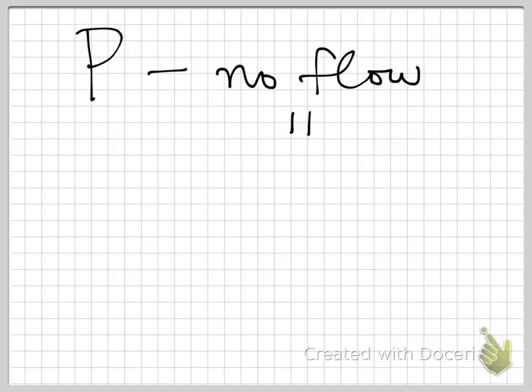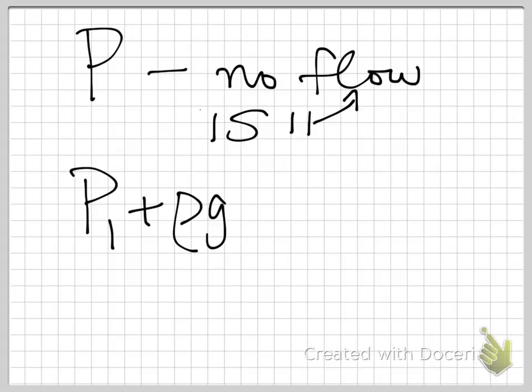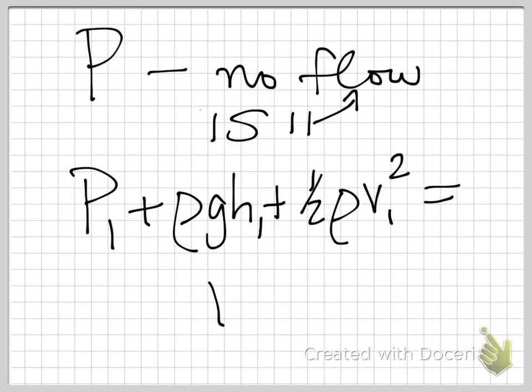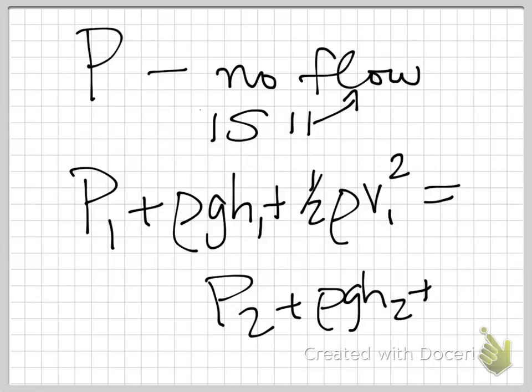If there is flow, then you're going to want to incorporate Bernoulli's, which is rho G H1 plus 1/2 rho V1 squared equals the same thing rewritten here at a second location.